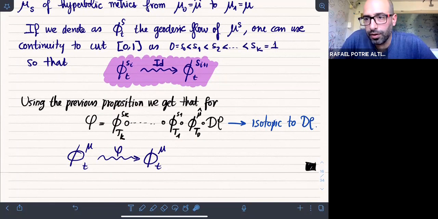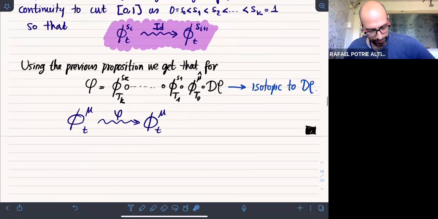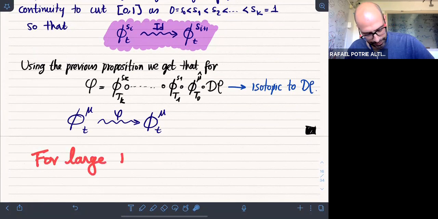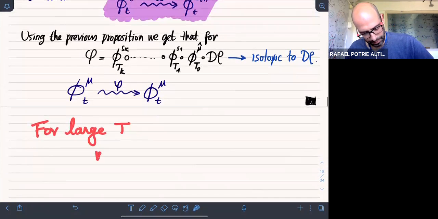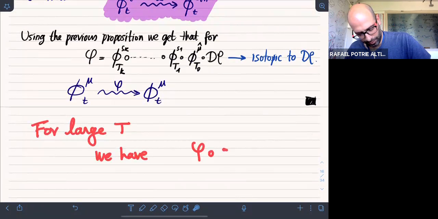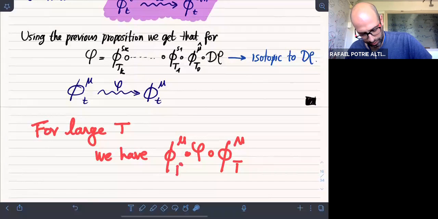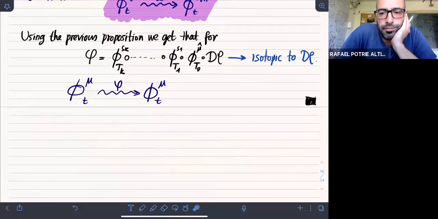And as we showed, this gives that for large T, we have that phi mu T composed with phi mu T is partially hyperbolic. And this is isotopic to D rho.